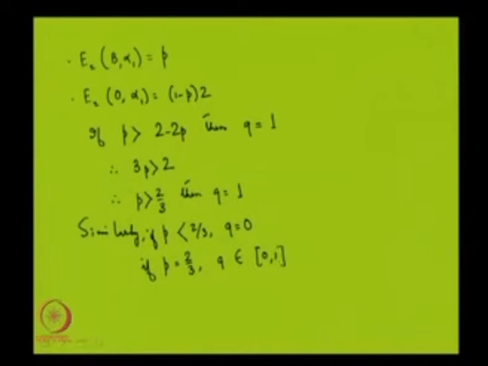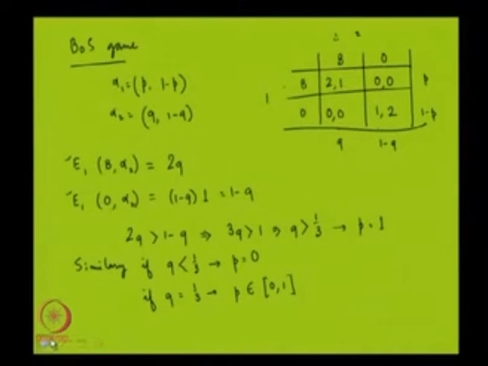So, to sum up what we have seen so far, let me write the following. The best response function of player 1 to the action taken by player 2 is given by what? What I am going to write is the probability the player 1 is attaching to his first action, that is, the value of p. Now, we have seen that if q is greater than 1/3, p is equal to 1. If q is less than 1/3, p is equal to 0.